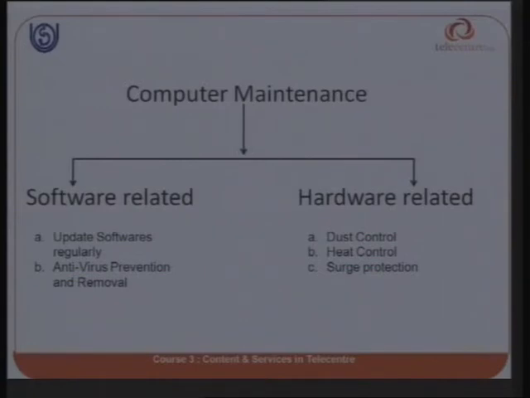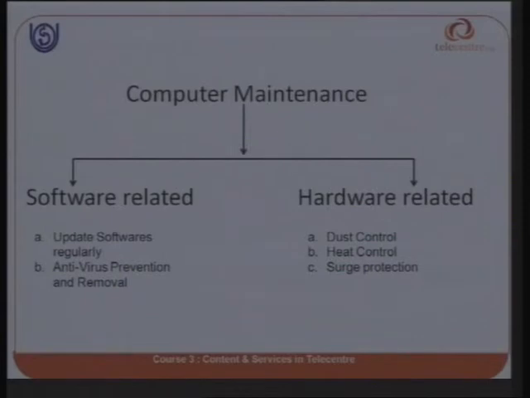The third way is manual updating. Manual updating is where you have to identify which software is malperforming and how to overcome that malperformance. The fourth one is offline updating. Suppose some of the computers are not connected to the internet. You can download the update from some other computer which is connected to the internet, then transfer it through a pen drive or a CD drive and install it on the computer which is not connected to the internet.